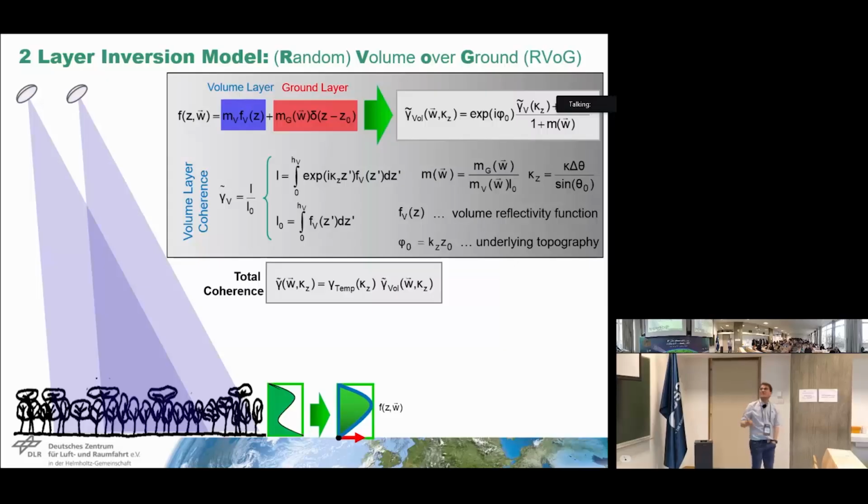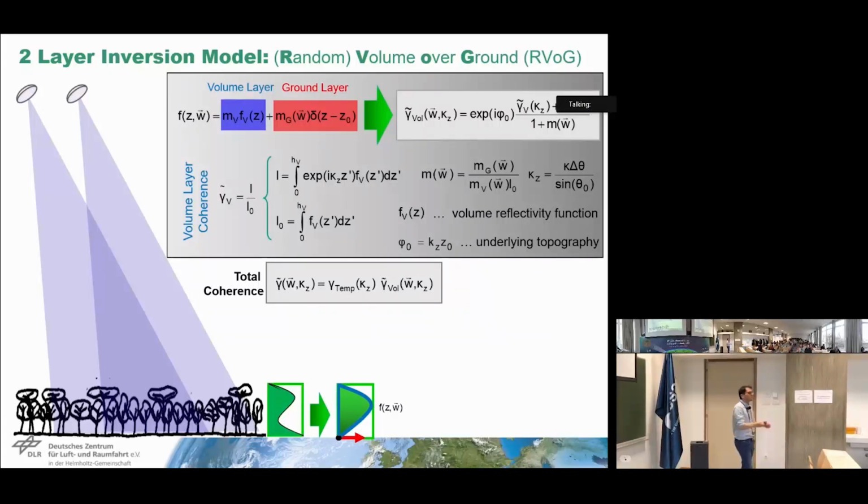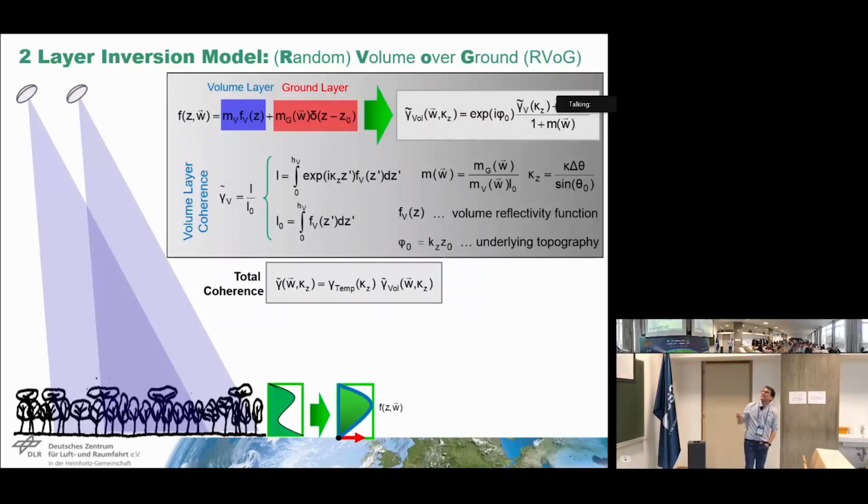This means that the vertical reflectivity function is decomposed into a reflectivity function that represents the ground. You like to be simple, so you take a Dirac delta, nothing else. The only parameter that you need to know is the ground topography. And then you have the volume only, without ground, reflectivity function. That's the part that you need to parameterize.